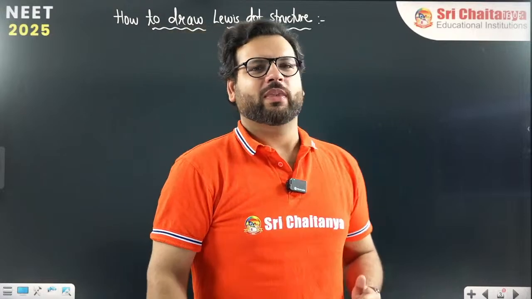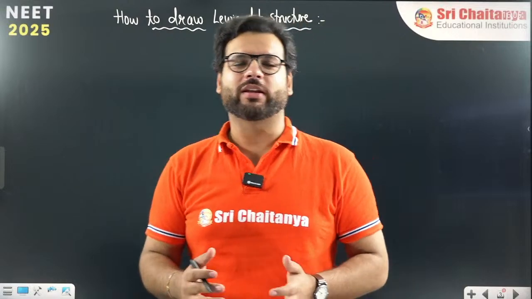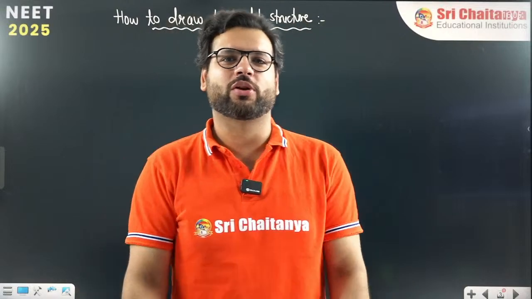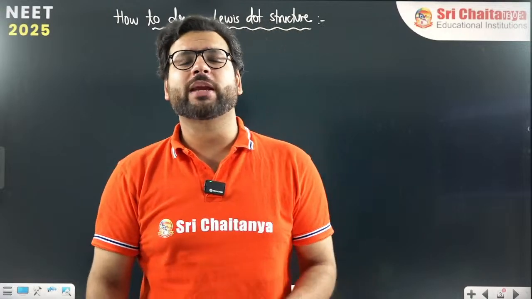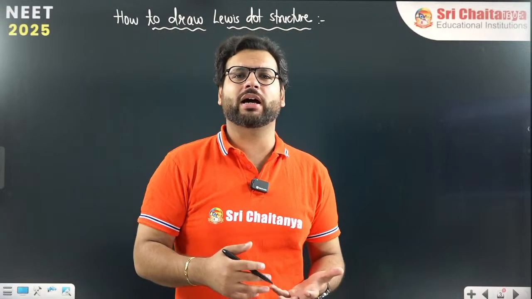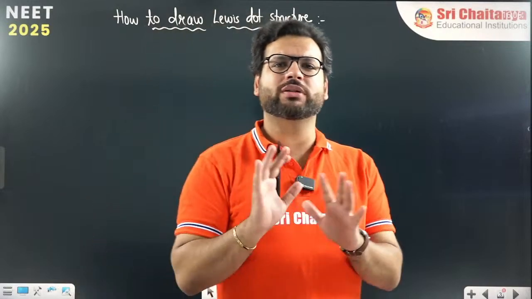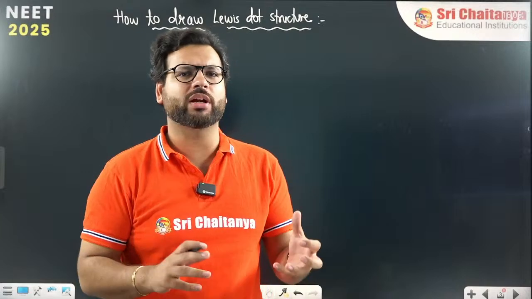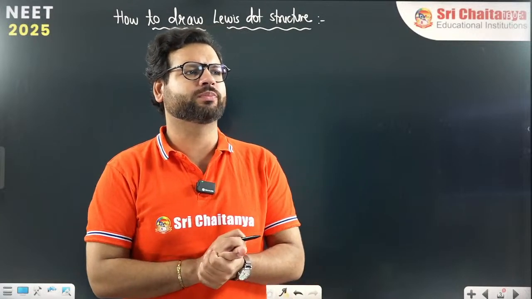So, how to draw the Lewis dot structure, we will not be using the bookish way. Books tell you to draw the Lewis dot structures by imagination, which you would have done in your class 9th and 10th as well. All of you have drawn some Lewis dot structure, yes or no? For ammonia, for water, for CH4.